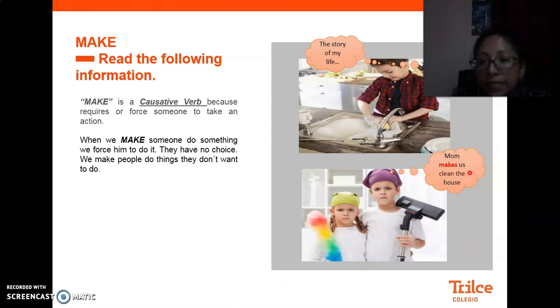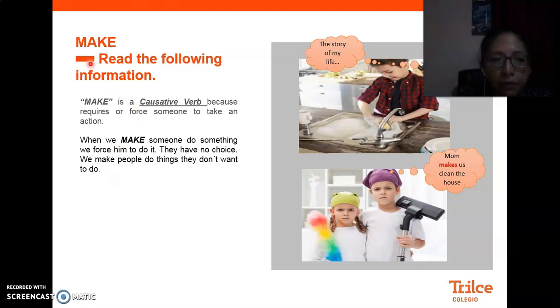Mom makes us clean the house. They obviously don't like to clean the house, but they are forced by their mom to clean the house. That is why they say, Mom makes us clean the house. Look at their faces. They don't look happy, do they?